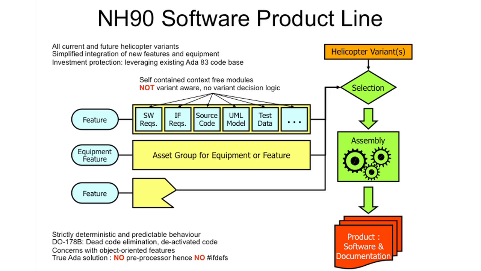So adding and removing features should not break the predictability or the schedulability analysis of the software. We also have to consider the DO178B, and one of the requirements there is that no dead code is allowed in your software, so all code must be somewhere exercised. What they allow is deactivated code, which we have, because if you have an executable which runs in multiple variants, in certain variants, certain functions will be deactivated.